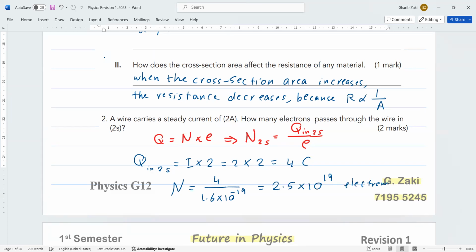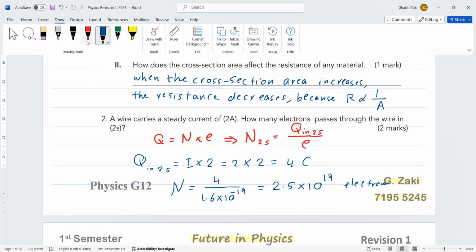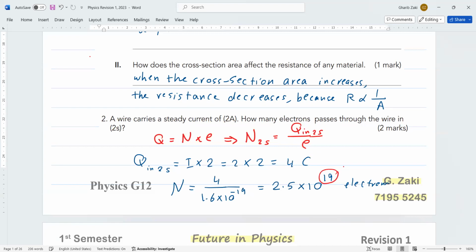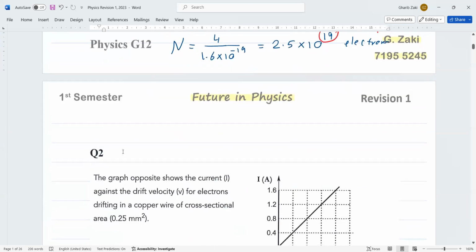Remember, the power must be positive because it is a whole number. So if you made a mistake in calculation and your power was negative, it means wrong. The power must be positive.